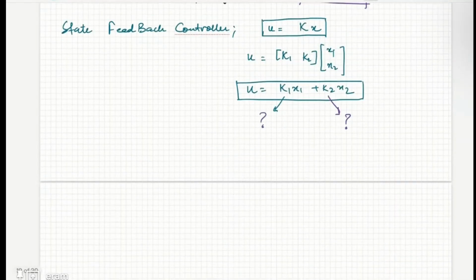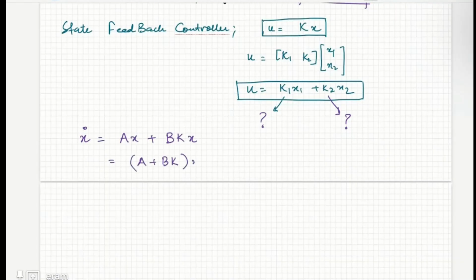Let's solve this. If we write the system with the controller u = Kx, it gives us BKx. So the closed loop state matrix is A plus BK. So this A plus BK matrix should have eigenvalues of -1 and -2.